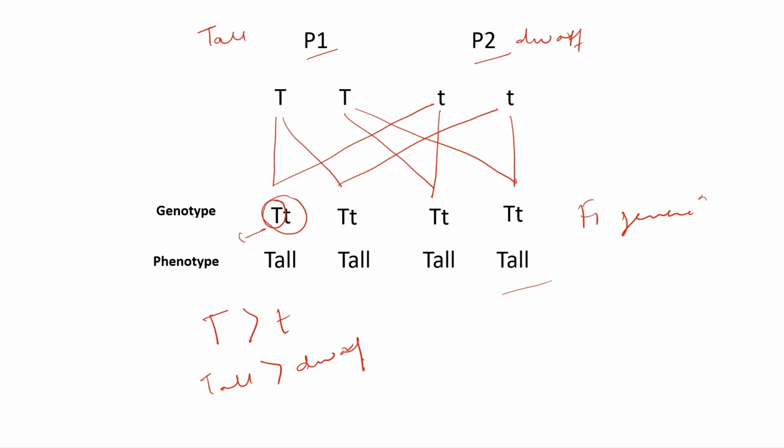Now, to understand the law of segregation, we need to go a little further up to the F2 generation. So this is the F1 generation. For the F2 generation, we cross the members of the F1 generation. These offspring become the parents for the next generation, the F2 generation.